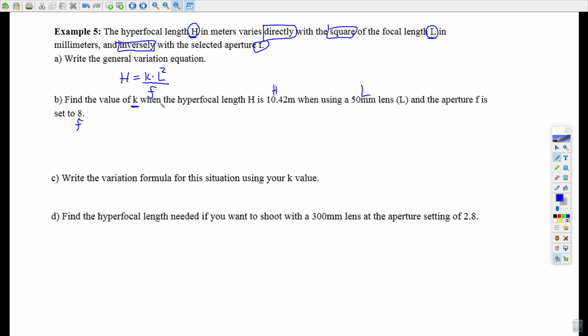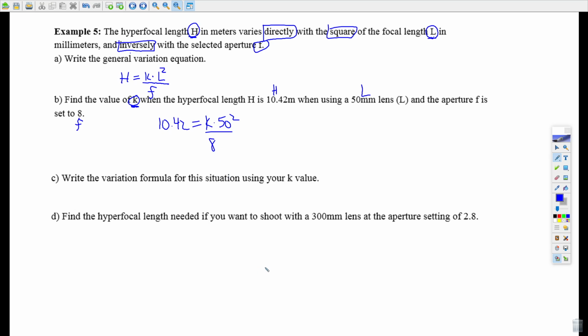So we're going to plug everything in, and we'll find K. So H is 10.42. Just copy down the formula up here. Equals K times L, which is 50, squared, over the aperture, which is 8.